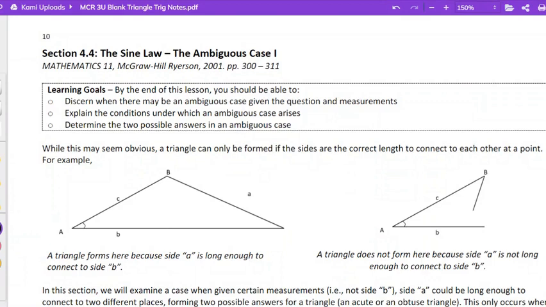So today we're talking about the ambiguous case.